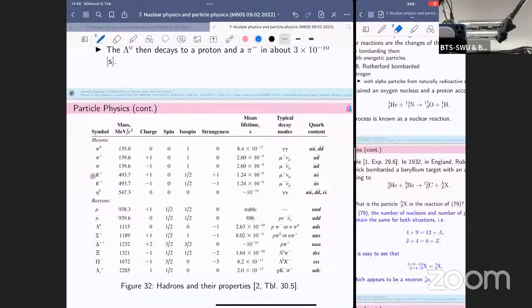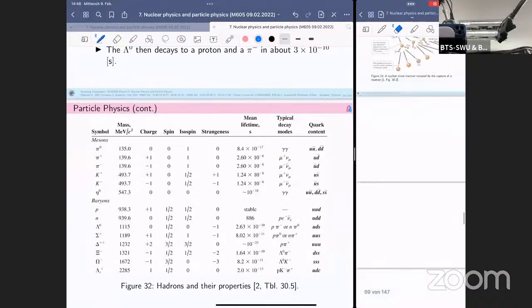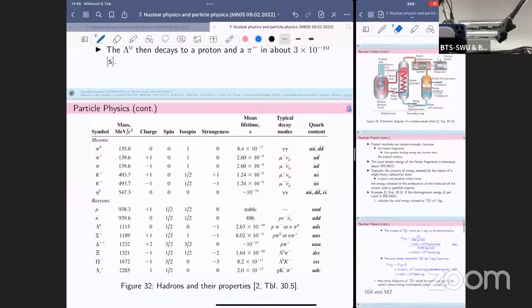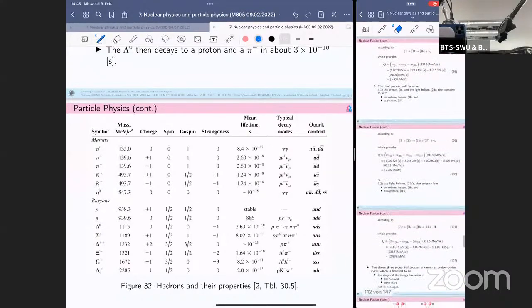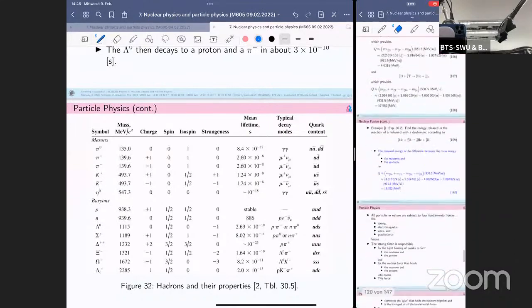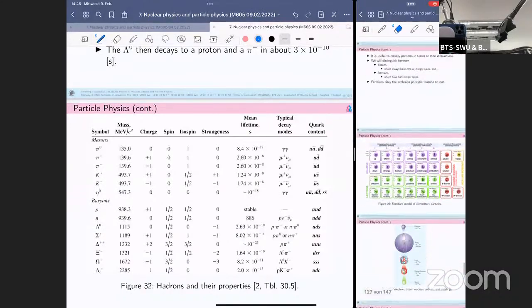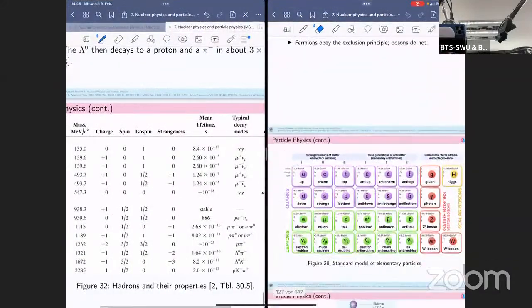For the bigger ones, like kaon plus, or you can say K plus meson, it is composed of an up quark and an anti-strange quark. If you can still remember, right? Then we have the strange quark, which is a bigger version of up quark and down quark, but it also has an antiparticle, right?